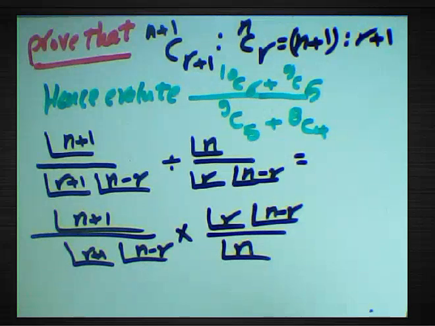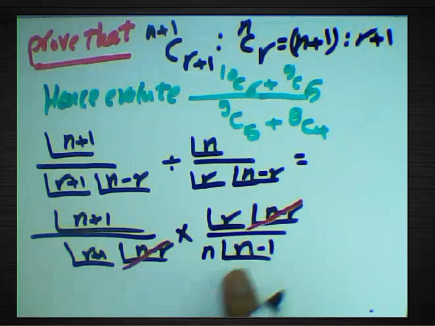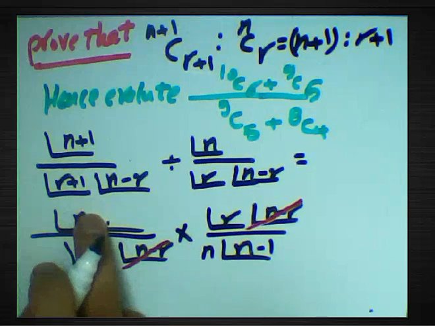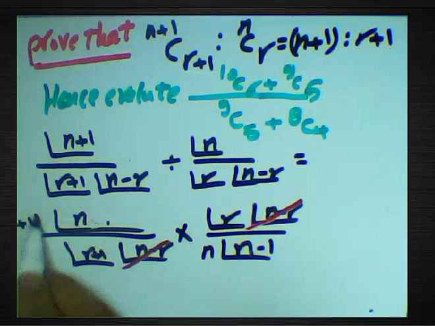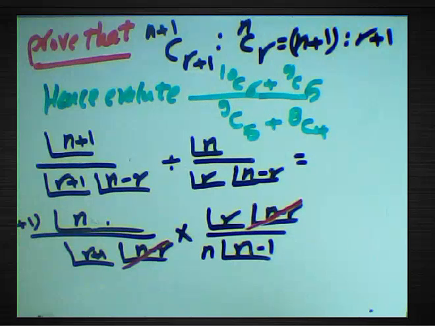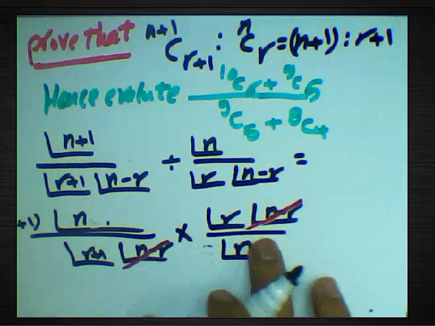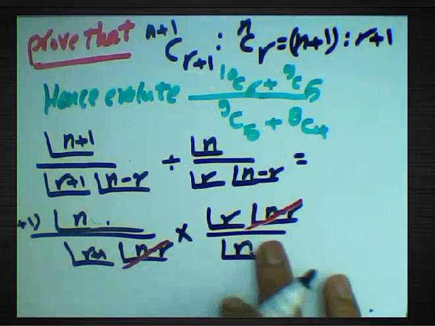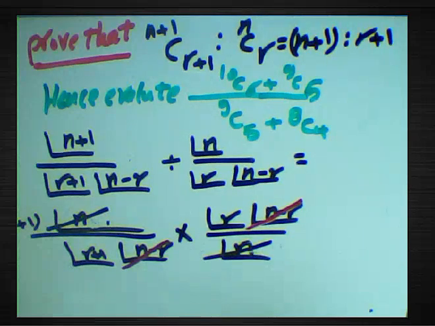We can cancel the factorials. We can write n outside here and subtract 1, so it will be n minus 1. And we can write n plus 1 outside here, and it will be n. So we can write factorial n here and cancel factorial n by factorial n.